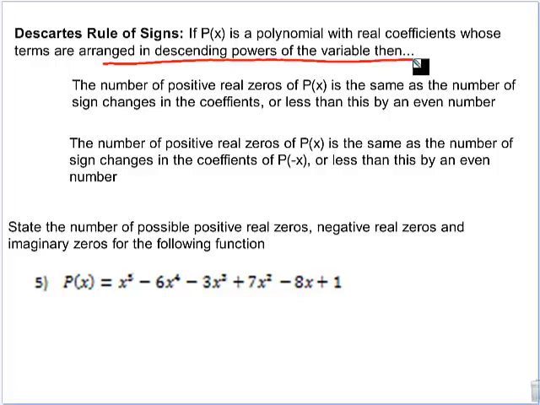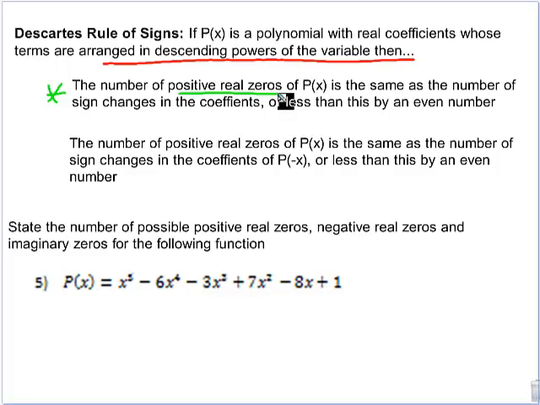Then we look at two different cases. And we're just going to look at how many times the signs change in front of the coefficients. So if we go from a positive to a minus, that's a sign change. If we stay positive throughout, that's not a sign change. So the first thing tells us the number of positive real zeros of this function p of x.